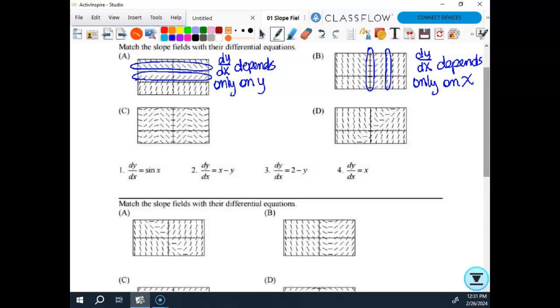What do you think about C? So if I go horizontally, is it going to be the same? No. Vertically, is it? Yes. It looks very different than B, right? But you can choose any of these, and here dy/dx depends only on x.